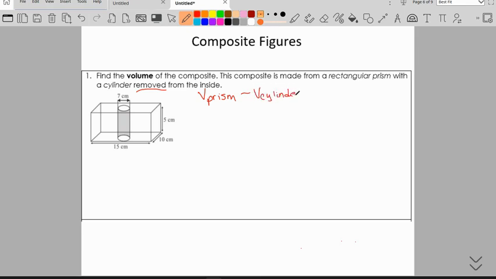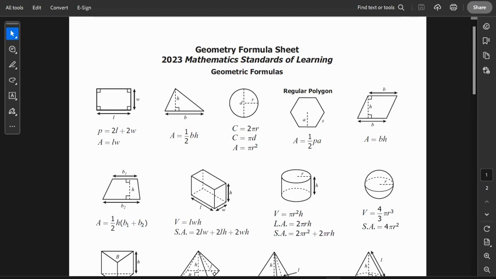I want to make a plan first in words and write it out so I know what it is, and then go find it. So the volume of the composite figure will equal the volume of the prism, which, if I look on my formula chart, is length times width times height. I find the shape and then I find its formula.